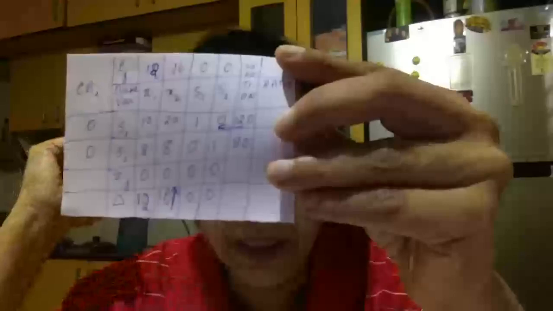You have to see the highest values in the coefficients. The highest coefficient is 20, isn't it? So 20 becomes x2. The x2 column becomes the key column.